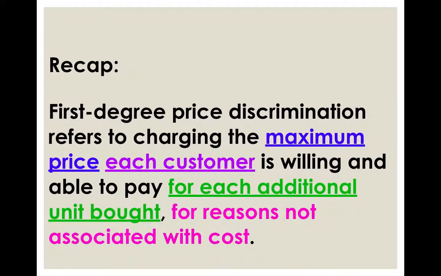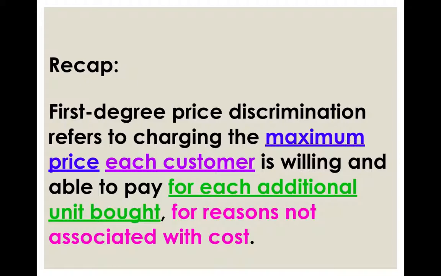First degree price discrimination, unlike third degree price discrimination, refers to the fact that under first degree price discrimination, firms can charge or are charging the maximum price that each customer is willing and able to pay for each additional unit bought for reasons not associated with cost. The main difference is that for third degree price discrimination, the firm is discriminating between different groups of consumers.